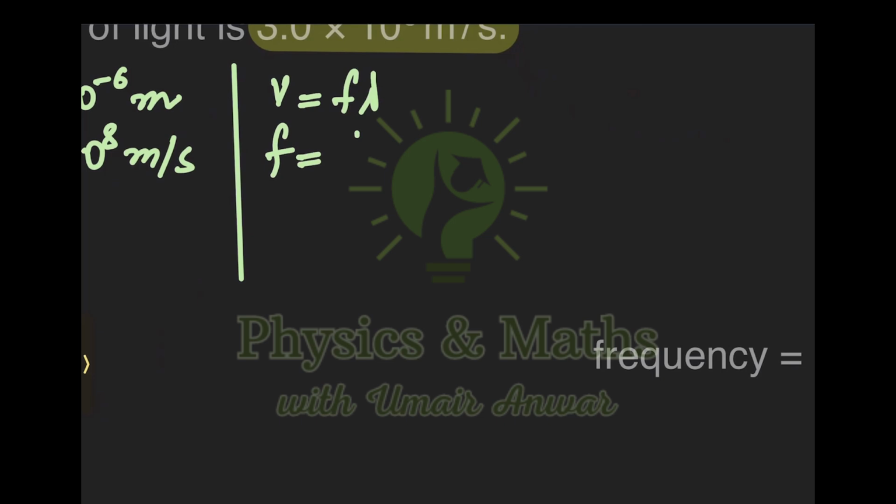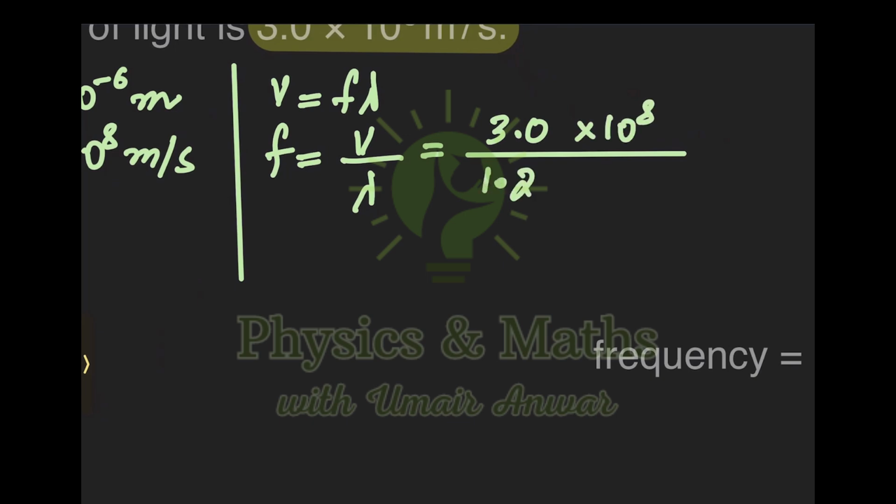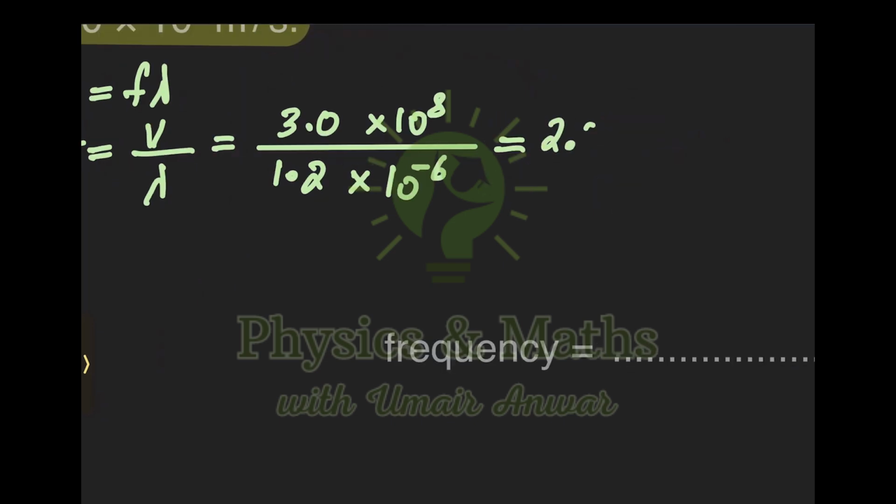So the frequency is going to be speed divided by lambda, which means 3.0 into 10 raised to 8 divided by 1.2 into 10 raised to minus 6. The answer in two significant figures we are getting is 2.5 into 10 raised to 14 hertz.